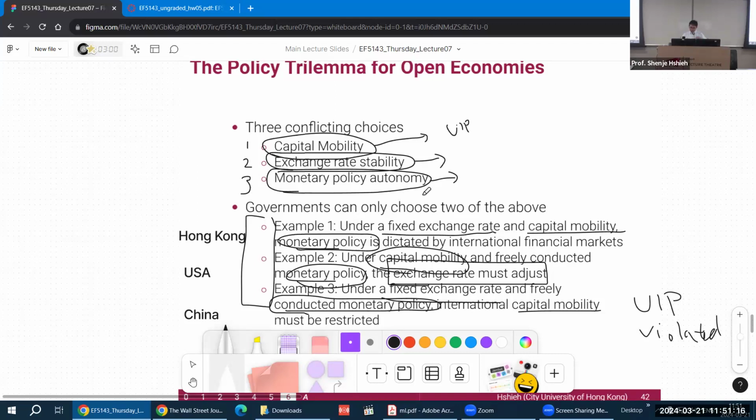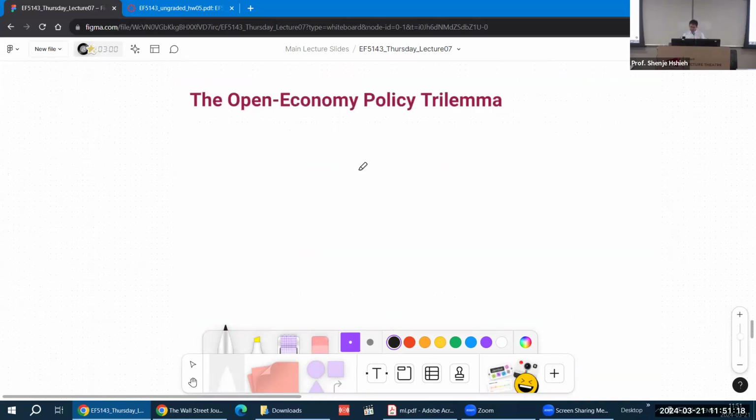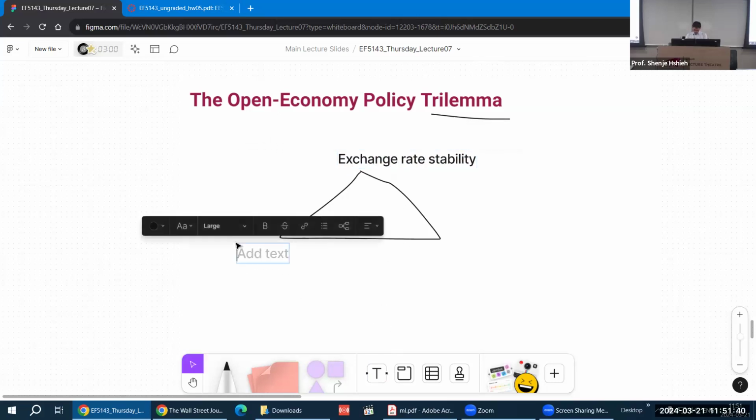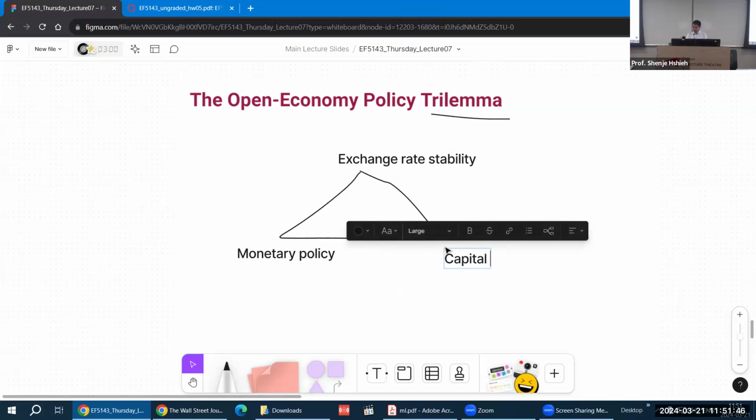All right. So a lot of times we characterize this trilemma. It's called a trilemma because you can't have all three satisfied, using a triangle. So at one corner we have exchange rate stability, another corner we have monetary policy, and another corner we have capital mobility.